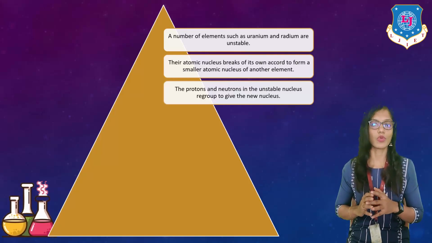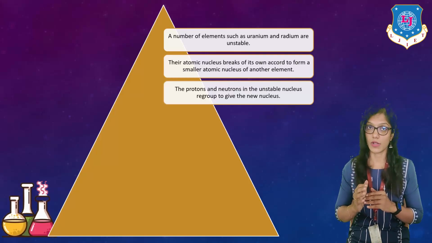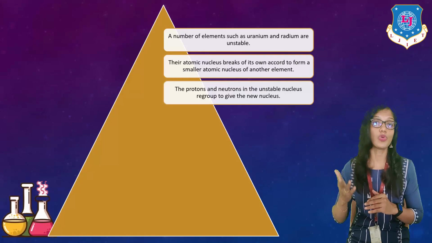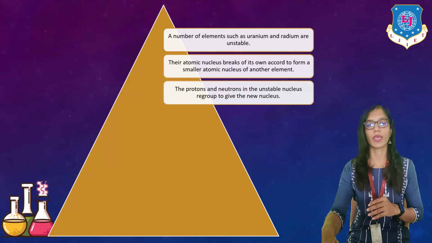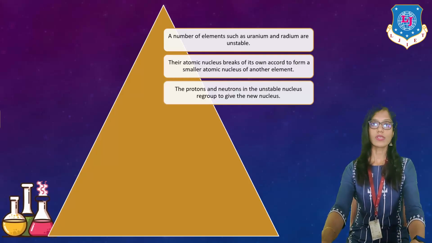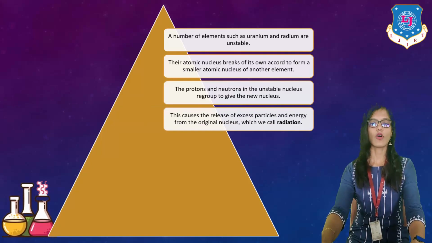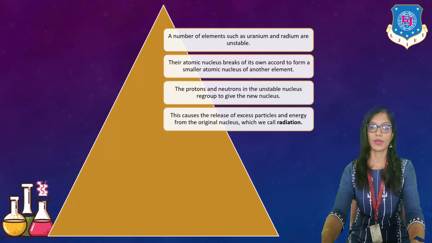The protons and neutrons in the unstable nucleus regroup themselves to give the new nucleus. This causes the release of excess particles and energy from the original nucleus, which we call radiation, right?